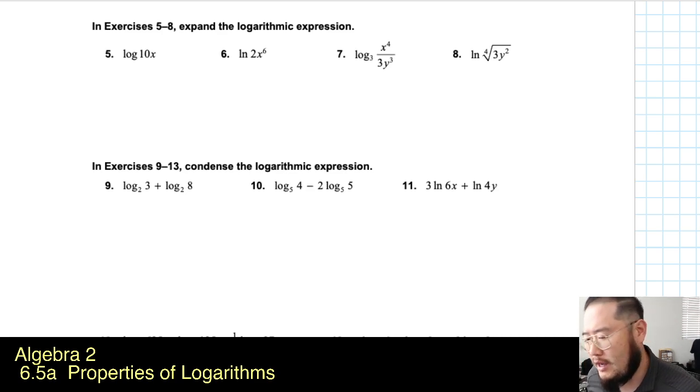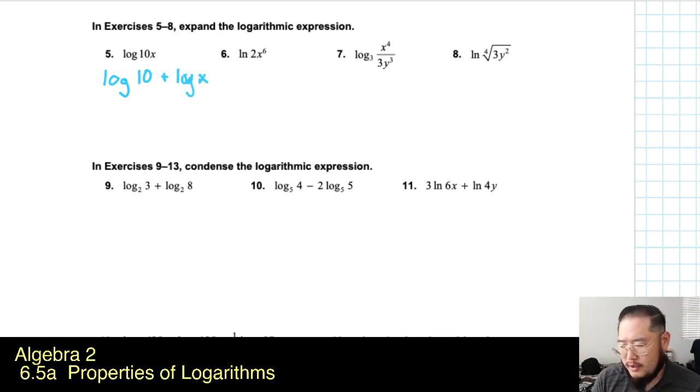So we have log base 10 of 10 times x. So remember, if it's 10 times x, we are going to be using the product property. And so we have ourselves log base 10 of 10. And then product property is we're going to add things together. So it's going to be plus log base 10 of x.